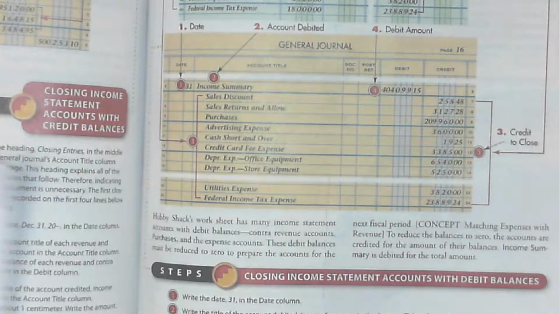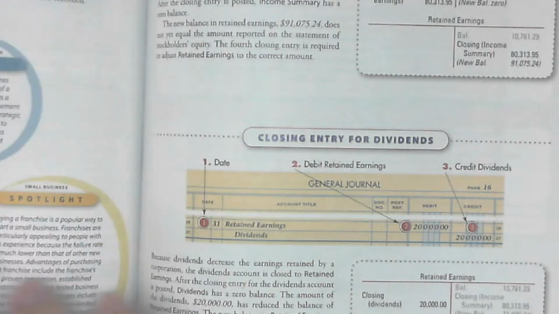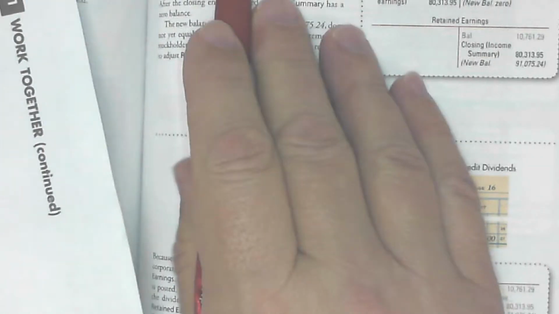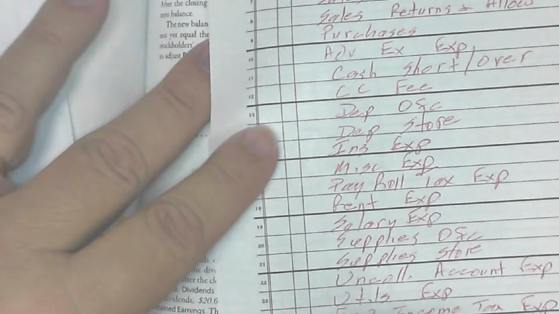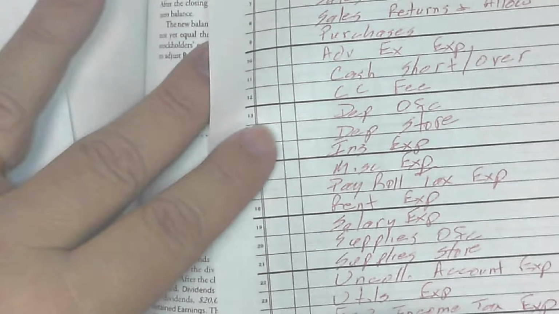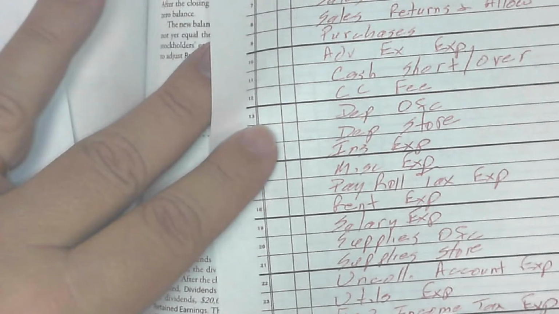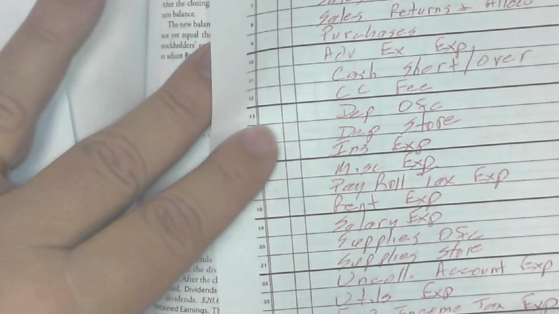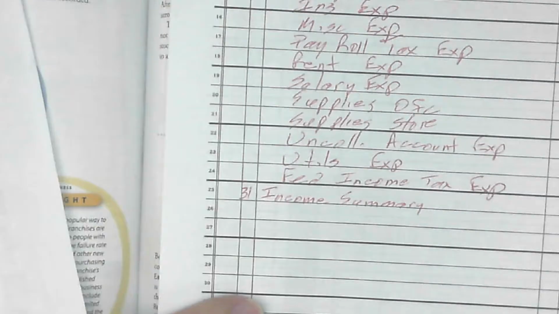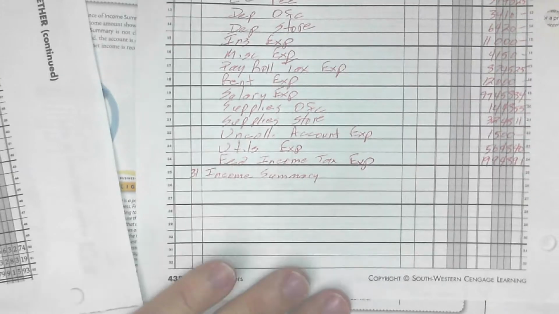And then we're almost done. So now we're going to write down our income summary again. So the 31st, income summary.